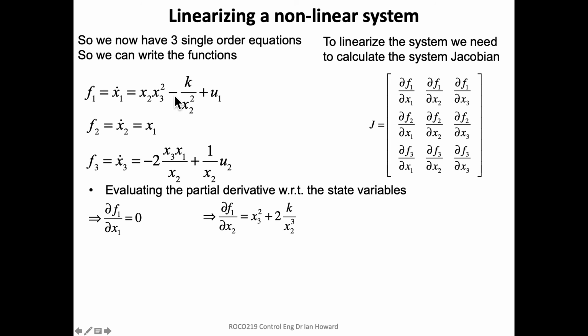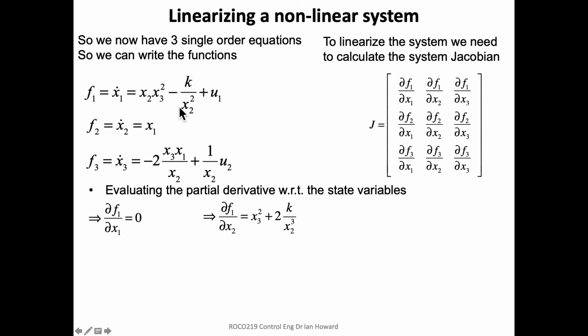x2, what we see is everything else is constant apart from x2. So in other words, x2 there goes to 1, so we have x3 squared. And then we have to differentiate this with respect to x2 squared. So x2 squared goes to 1 over x3. Sorry, 2 x2 cubed at the bottom there.